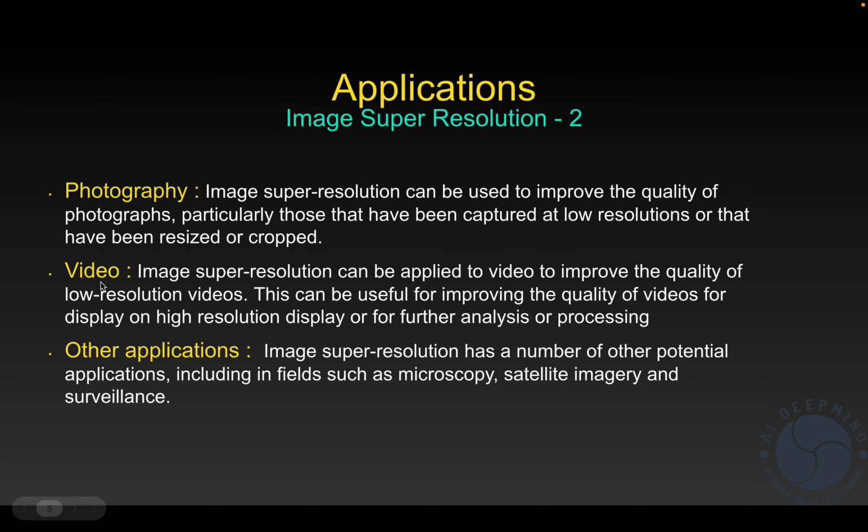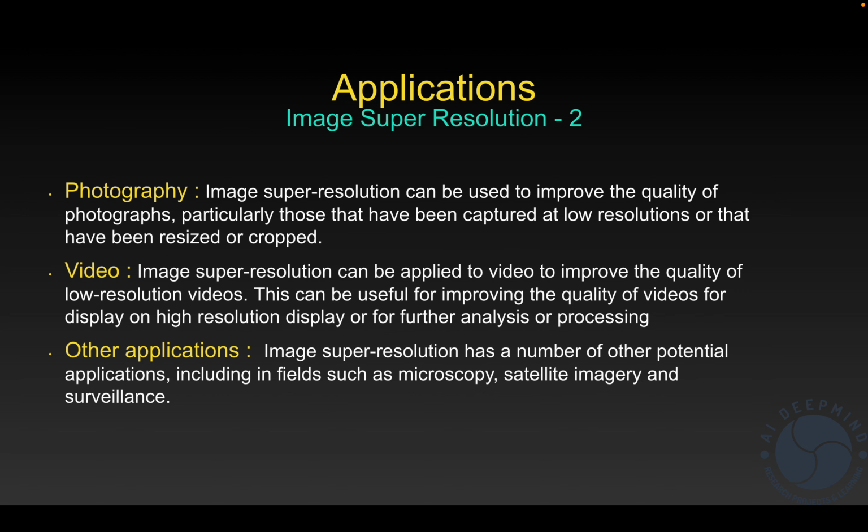And the fifth is video. We can also improve the quality of any video, because a video generally has n number of images. We can pass every frame, or n number of frames, and on each frame we can apply an image super resolution technique. But that is not always the case for videos.